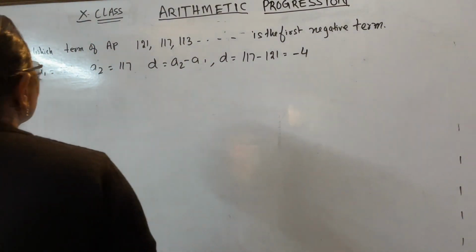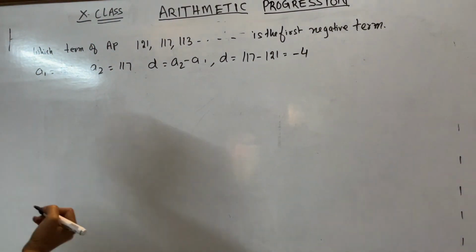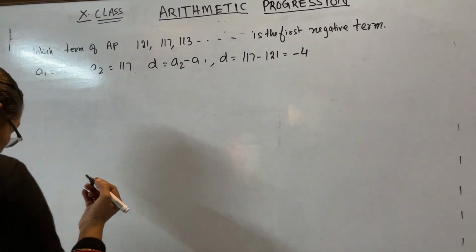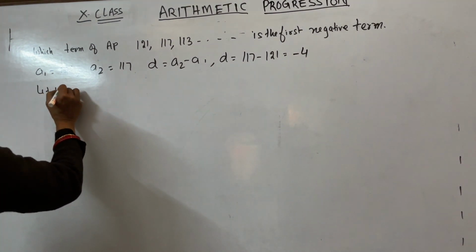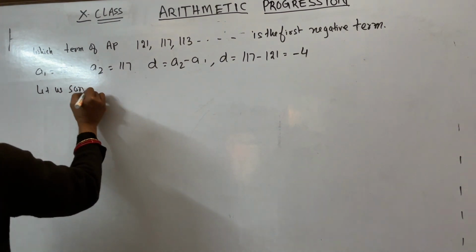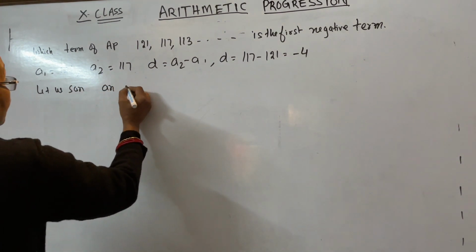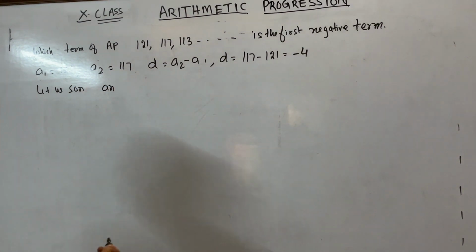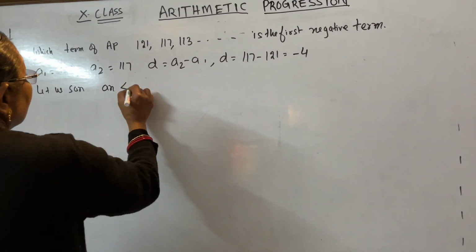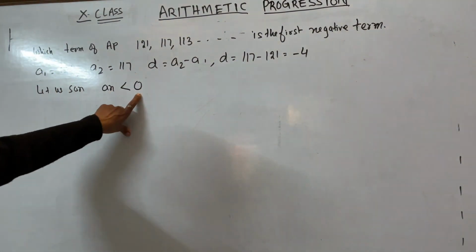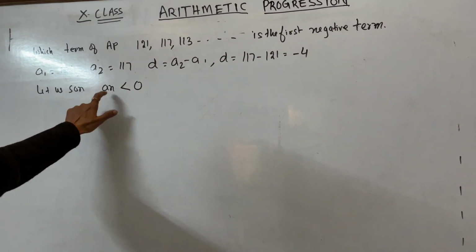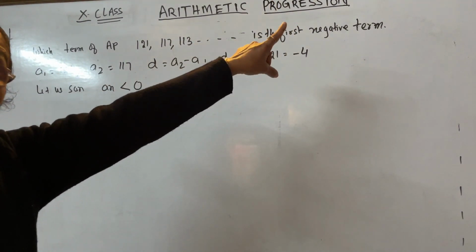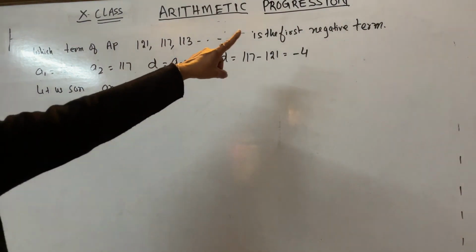isn't it? So now what is the first negative term? Let us say nth term is what? Less than 0, है ना, फर्स्ट नेगेटिव टर्म then 0 is greater, next is what? Negative term. That nth term, that is the last term, that negative term is the last term, that is less than 0.